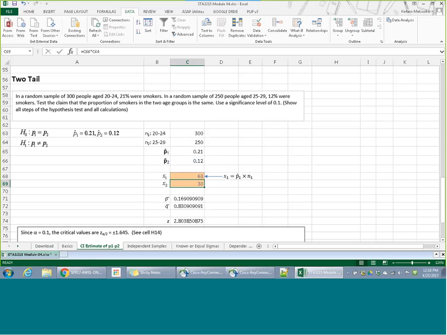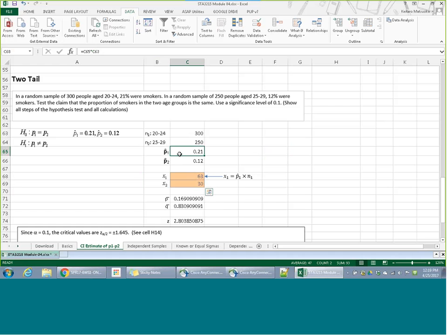So if you work backwards to calculate x1 and x2, you might get x1, x2 to be some unnatural number, like, for example, 63.2 or something like that. You might get a decimal. And you might be tempted to make it 63. I don't do that. If x1 and x2 seem to be unnatural numbers, but p1 and p2 are exact matches to what's given to you, leave x1 and x2 alone and just continue with the calculations.